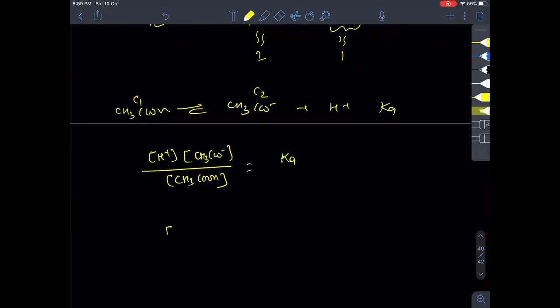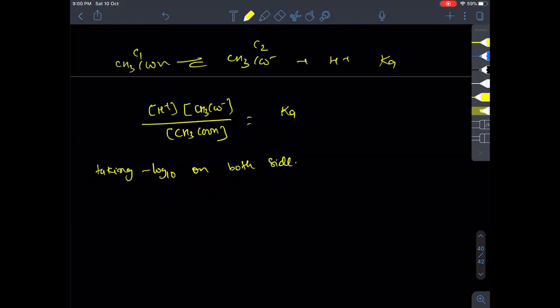Now if you do like this, then just separate it. H plus will be equal to, or do one thing, take minus log on both sides. Taking minus log to the base 10 on both sides, what are you going to get?